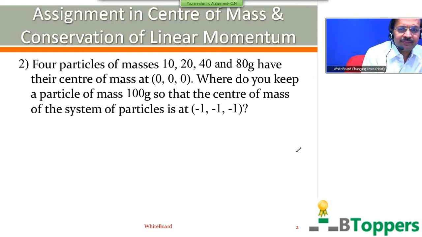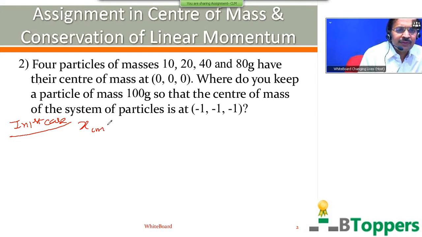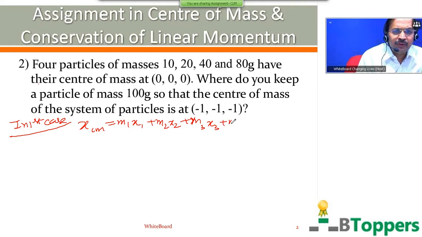So in the first case, the x coordinate of the center of mass of the system of 4 particles with masses m1 equal to 10 grams, m2 equal to 20 grams, m3 equal to 40 grams, and m4 equal to 80 grams will be given by m1 x1 plus m2 x2 plus m3 x3 plus m4 x4 by m1 plus m2 plus m3 plus m4.